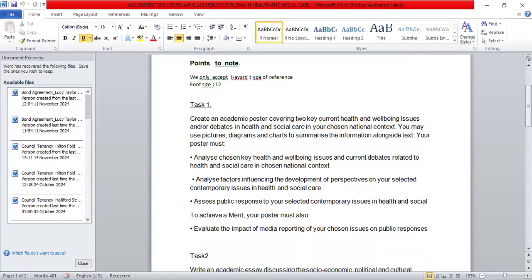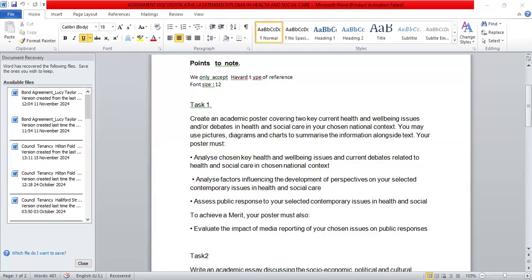And I did mention that in achieving this, the learner should be able to produce work in the form of an academic poster, which can include text and diagrams or infographics to present two main health and well-being issues and or current debates in the health and social care chosen national context.